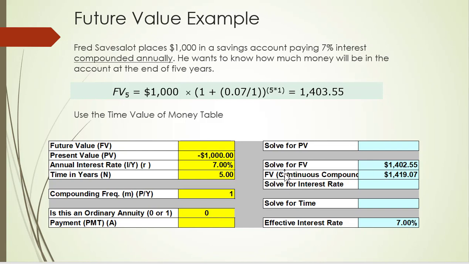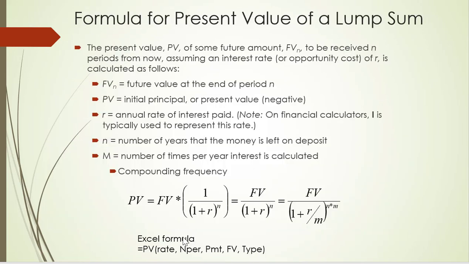And of course, in this case, when you solve for future value, it is $1,402.55. Now, if you do it algebraically, of course, you're going to get some rounding error because you're not going out as many places. So the actual answer, 1402.55, is the correct answer.